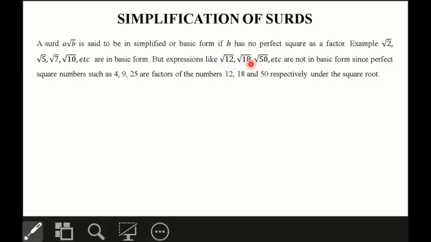This 18 will give us 9 times 2, and the 9 is a perfect square. This 50 is a multiple of 25 times 2, and the 25 is a perfect square. So because we can find perfect squares as their factor, it means these expressions are not in their simplified form.